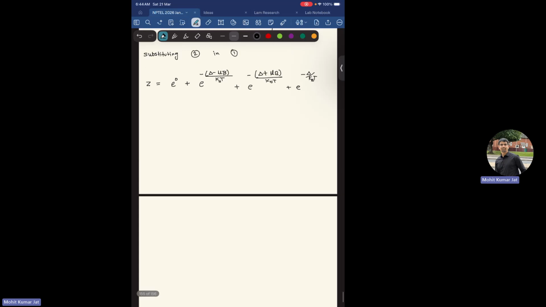Here mu B is the Bohr magneton, kB is the Boltzmann constant, and T is temperature.